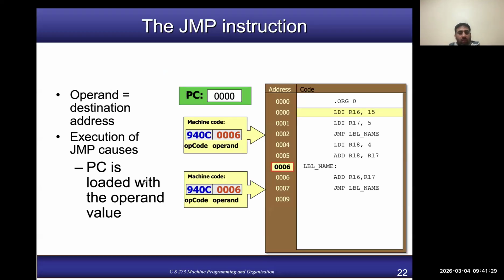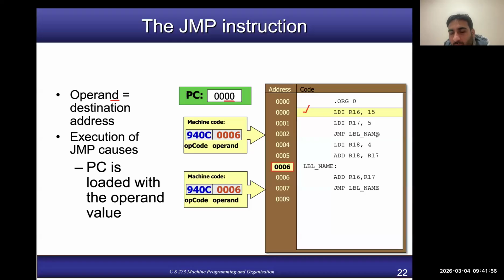Now let's see through a simulation how the jump instruction updates the program counter. First remember that the operand is basically the destination address of the instruction where we want to jump to. Initially our PC is equal to 0, so we will start execution from this point.